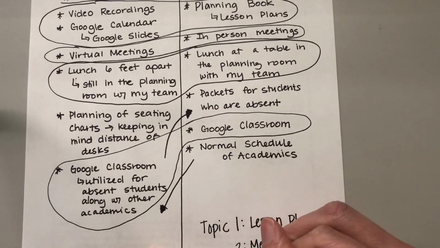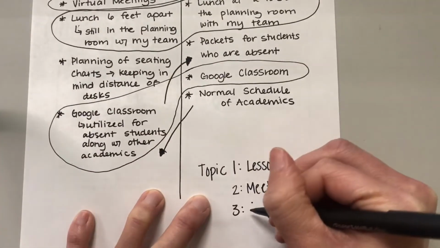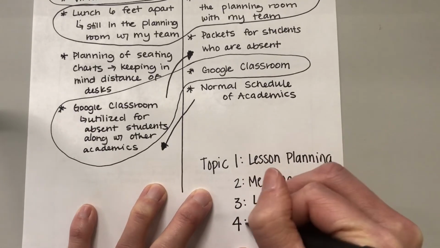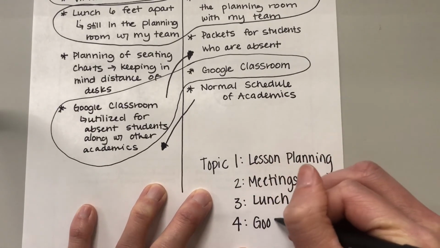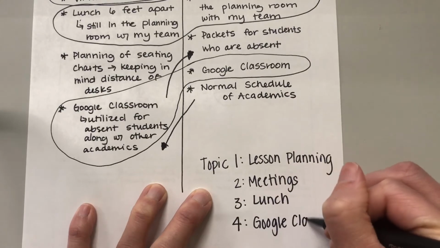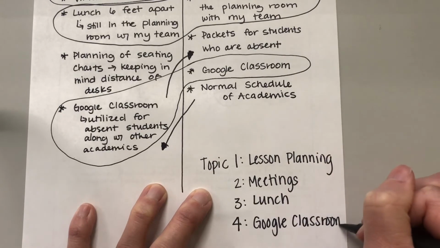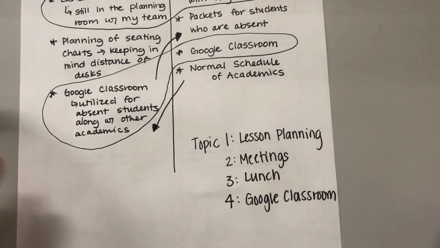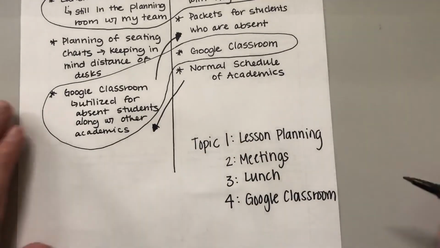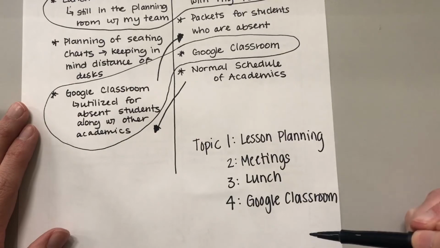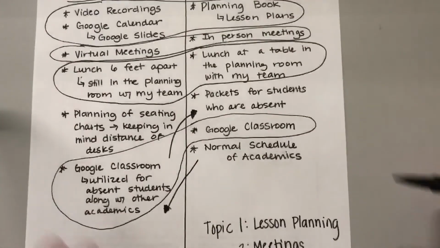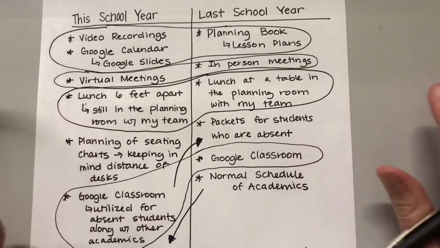Topic 3 could be lunch. And then I do have a 4th one here, could be Google Classroom. So I at least have options here. Remember, thinking about my thesis, I need 3 main topics of things that I can compare and contrast. So I'm just gonna look at these and decide which 3 do I think I have enough information where I could discuss.